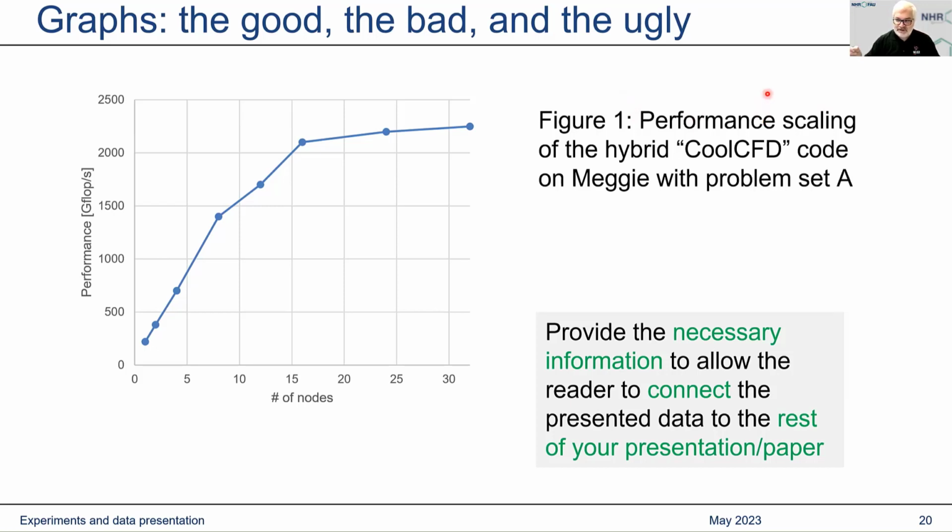I have to go back to the text. I have to search for the figure reference and then see whether or not this data is properly described. With a description like this, performance scaling of the hybrid code on Maggie with problem set A, if the reader has read the text, then they will immediately connect the data that is shown with what they know from the text. And that's useful in the data presentation.